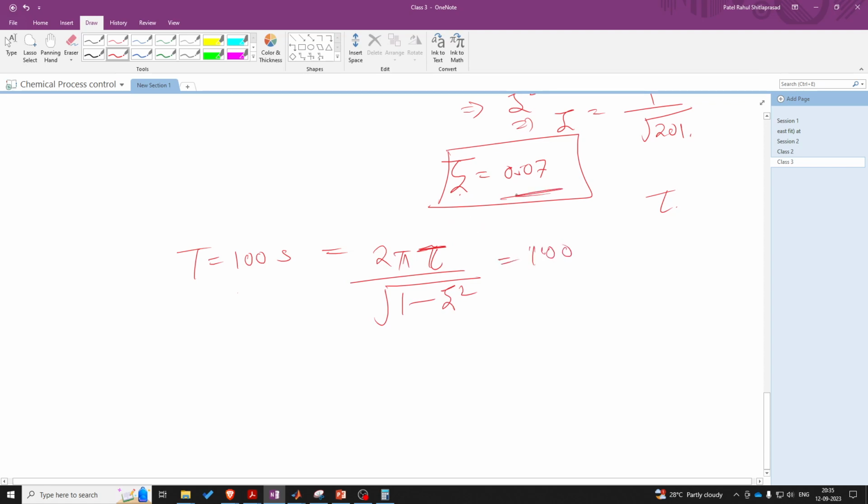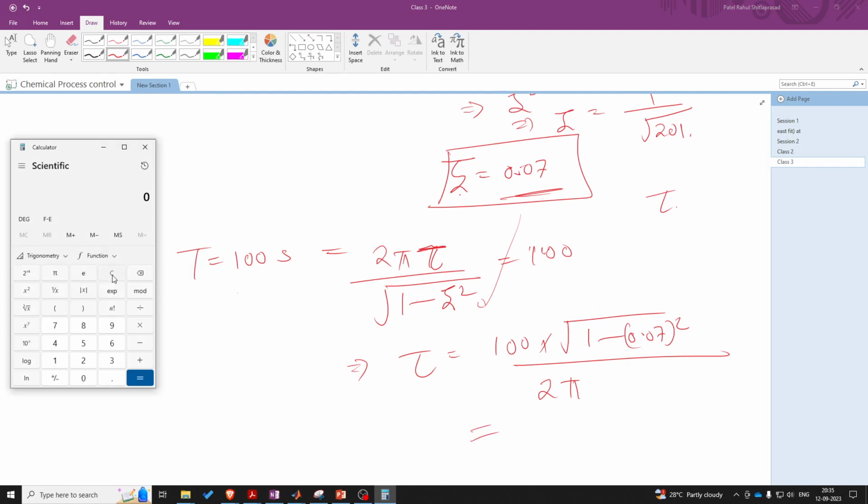So you can just put the value of zeta over here and find the value of tau as 100 into under root of 1 minus 0.07 whole square upon 2 pi. So 0.07 square is 0.0049, giving 1 minus 0.0049.